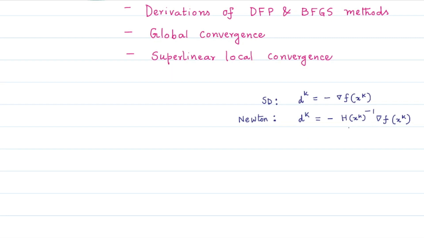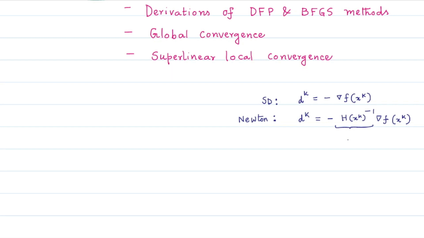Moreover, in Newton's method, we need to compute the inverse of the Hessian at each and every iterative point xk to find the direction of movement dk. The computation of the inverse of the Hessian needs high computational cost, and nonetheless, if the Hessian at the current iterate is not positive definite, the direction of movement in Newton's method is not a descent direction.